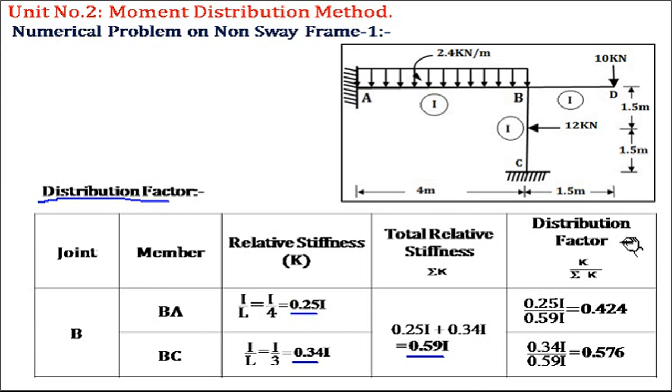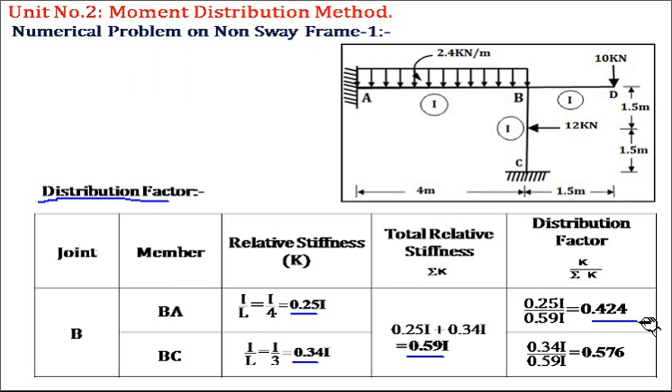Next we have to find out the distribution factor at joint B. The distribution factor is the relative stiffness of a member to the total relative stiffness at a joint. So the relative stiffness of member BA is 0.25 I divided by the total relative stiffness, that is 0.59 I. So we get the value as 0.424.